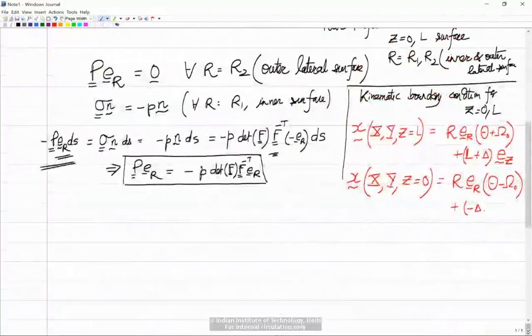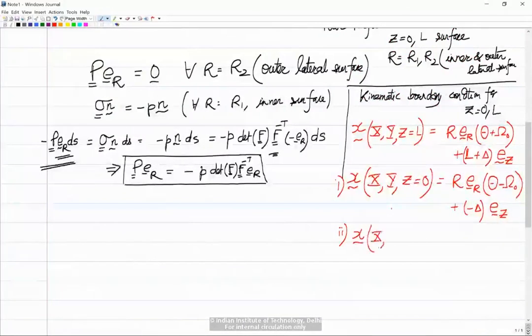So in that case, this becomes plus minus delta E Z. And as I told you, this is case 1. In case 2, if it is fixed, then it is going to be small x, big Y, and then at z equal to 0, that is simply big R, E big R of original E big R only, at theta only, plus 0.